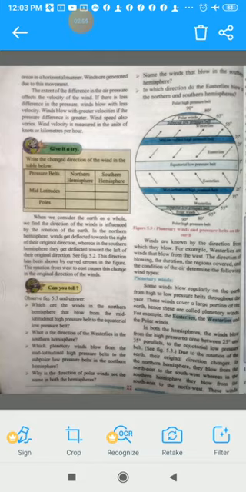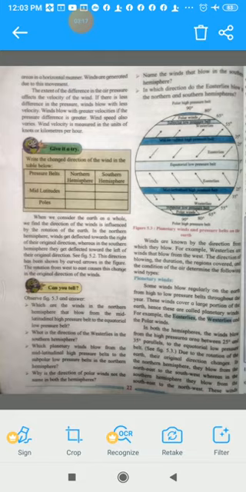We can see these winds in both the southern and northern hemisphere. Then due to the rotation of the earth, their original direction changes. We have studied this also, that there is always a change in direction due to the rotation of the earth. So how do they change?